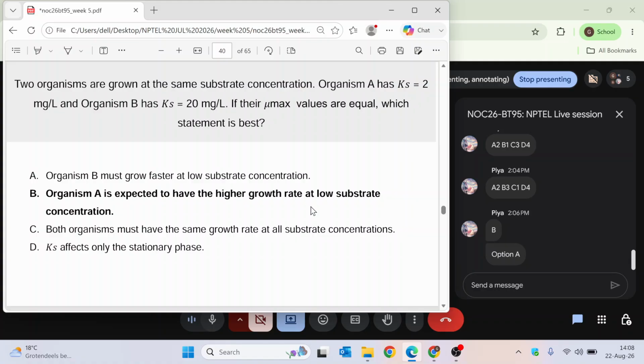When we say there is low substrate concentration, it can be a limited substrate condition, as we saw in one of the previous questions. So when there is limited substrate, organism A is expected to have higher growth rate. Why do you think B would have?